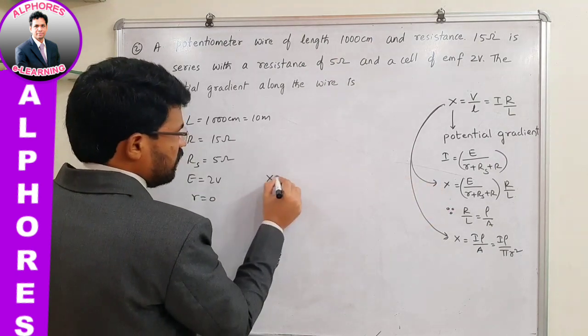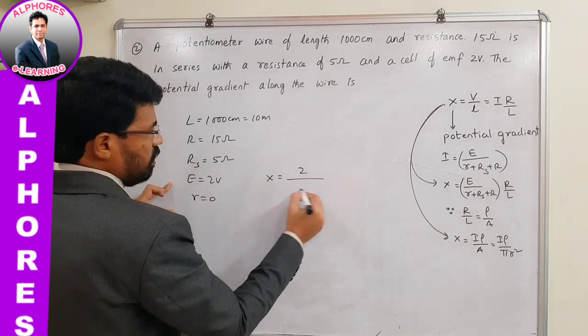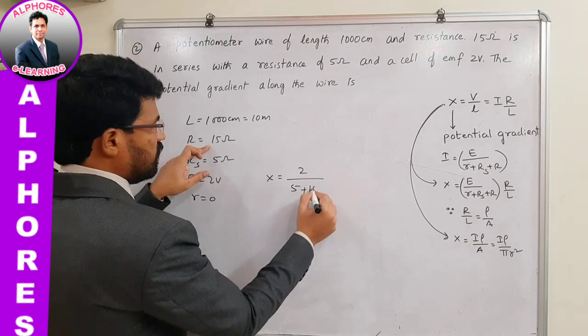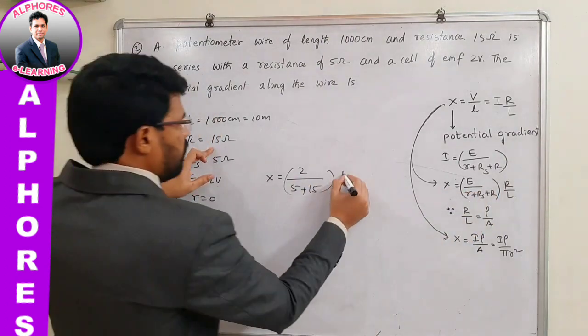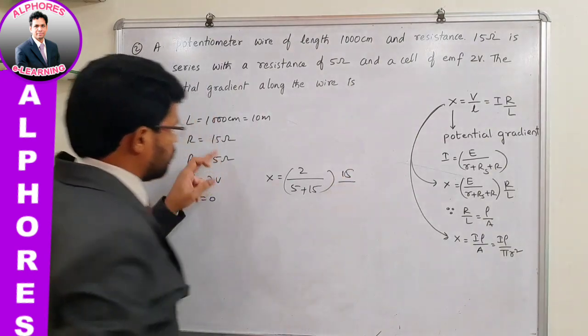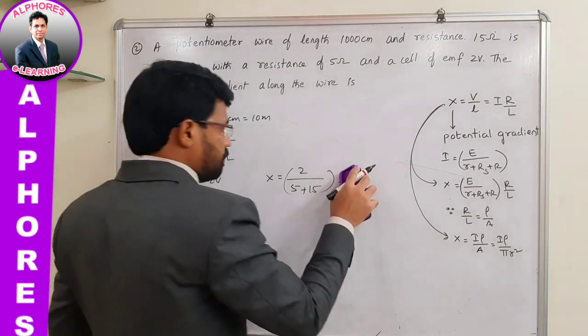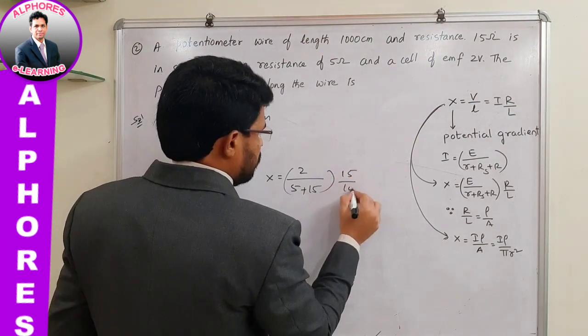So from this equation, X can be written as what? E, E is equal to 2, divided by small r is 0, RS is 5, 5 plus capital R 15, into capital R, how much? It's 15, divided by what? L is 10 meters. So 15 by 10 meters.